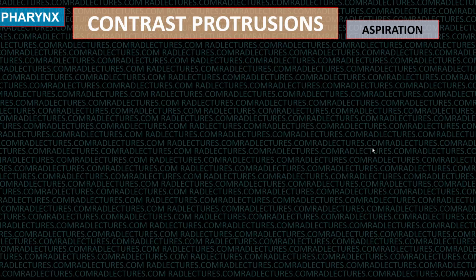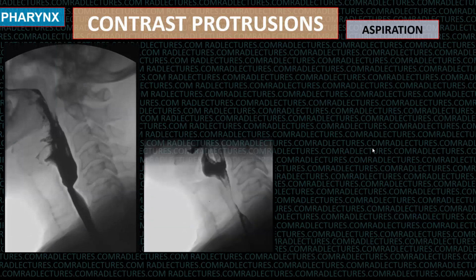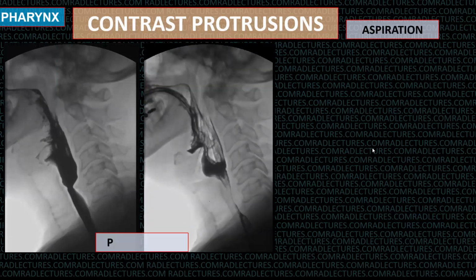Now, sometimes aspiration is only transient, in which case it is called penetration. What that means is that contrast goes below the level of the epiglottis into the opening of the larynx, and then it comes back in.